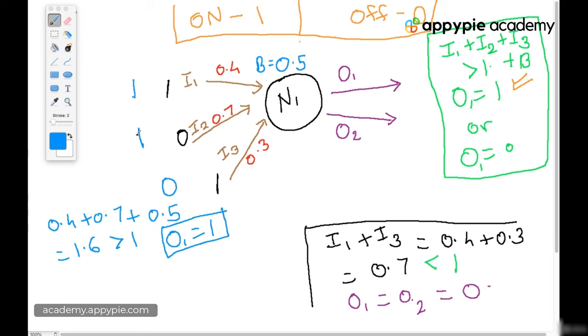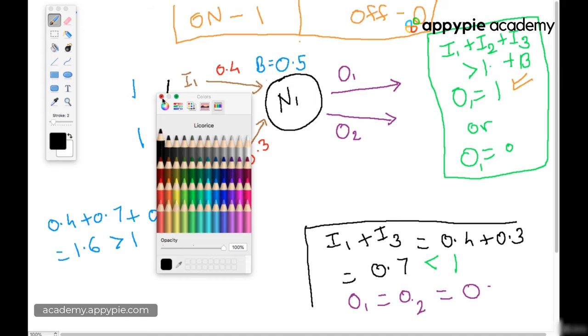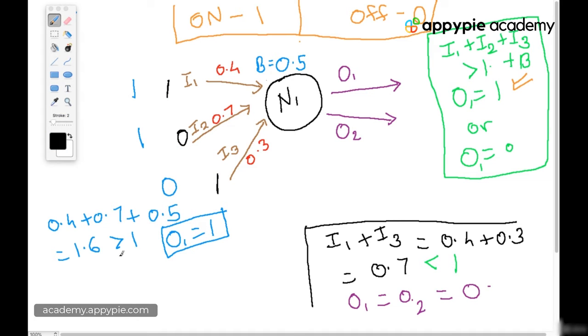Now consider a second case where you have 1 0 1, or you just have I1 and I3 firing. In that case the value of our rule here will be I1 plus I3 plus B. So this is 0.4 plus 0.3 plus 0.5.